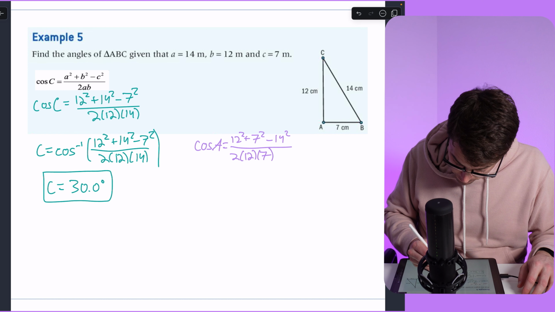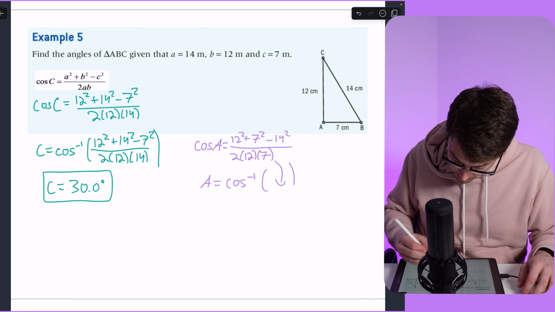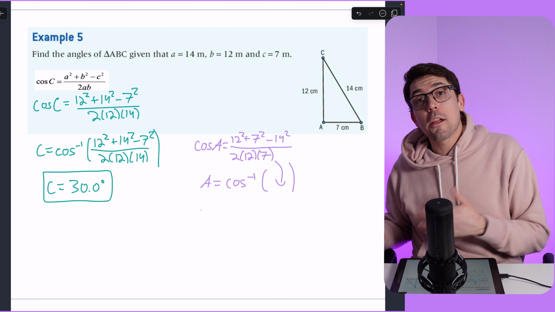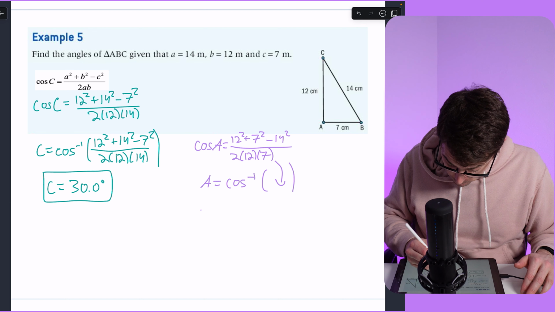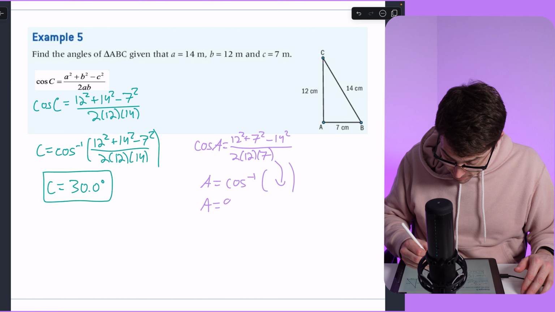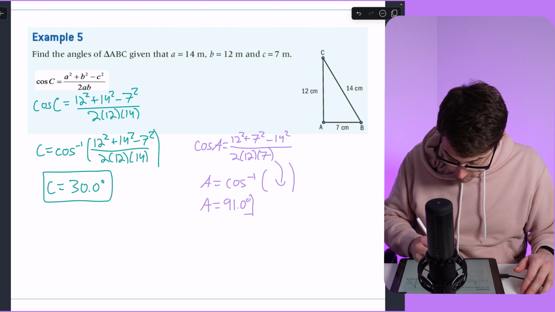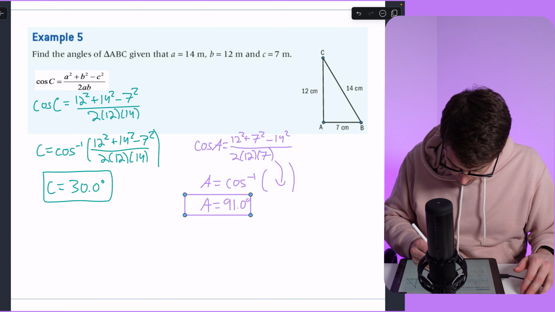There we go. And remember, we're taking the inverse cosine of this. So in your calculator, you should write inverse cosine of what this is right there. So once you put this in your calculator correctly, you should find that what you get is 91.0 degrees. Okay, and now let me go ahead and box my answer.